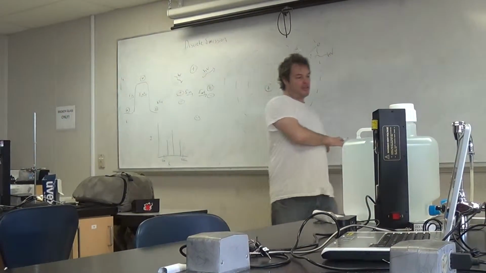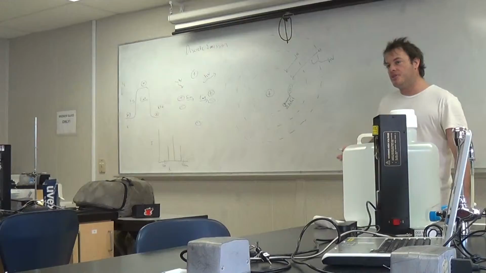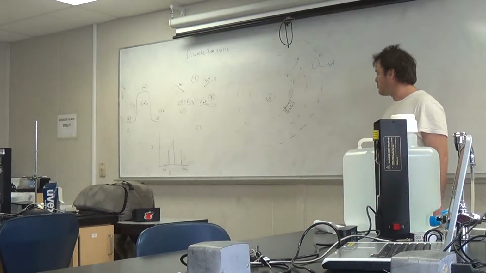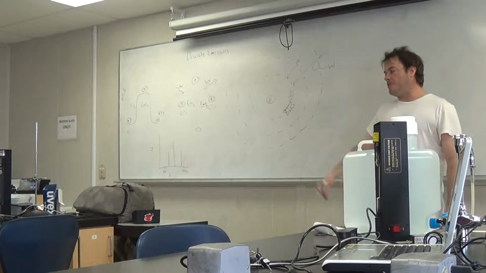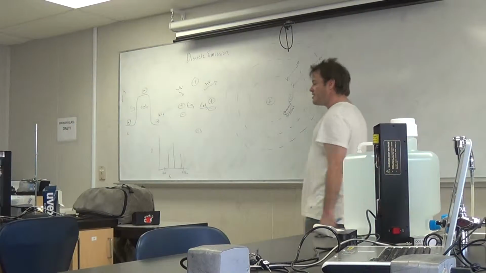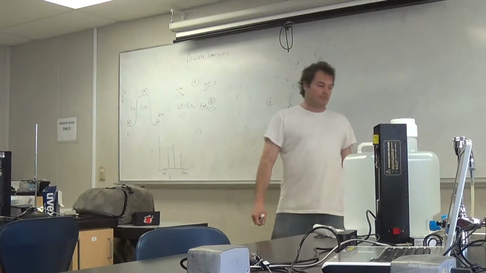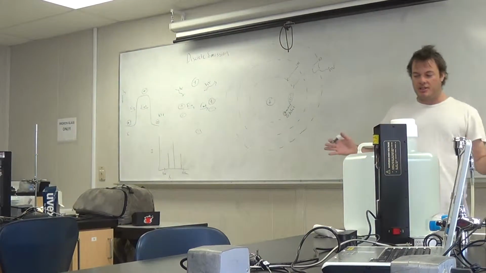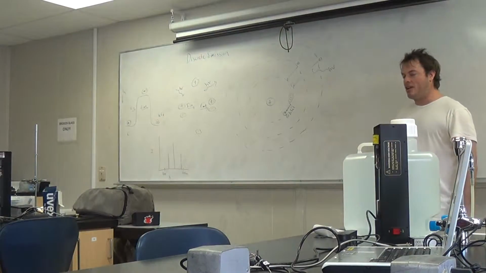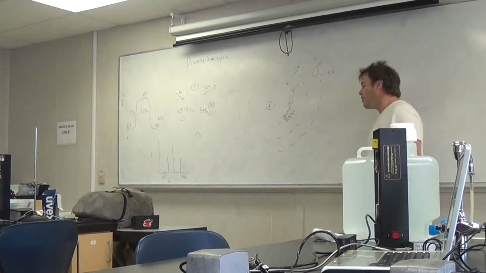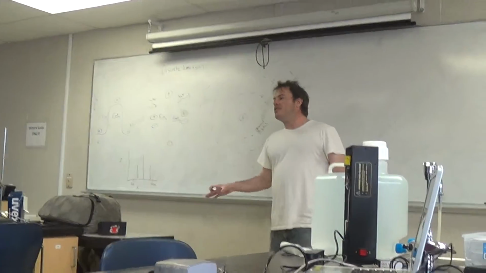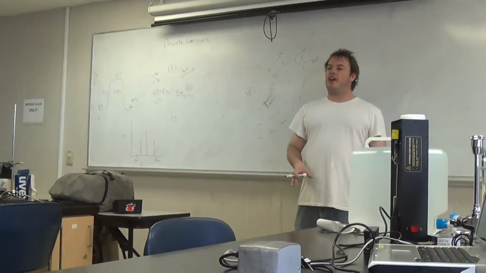This happens for certain species. This discrete emission happens very readily for species in the gas phase because their energies are not coupled to the energies of any other systems, any other matter. In the solid state, some different stuff happens.